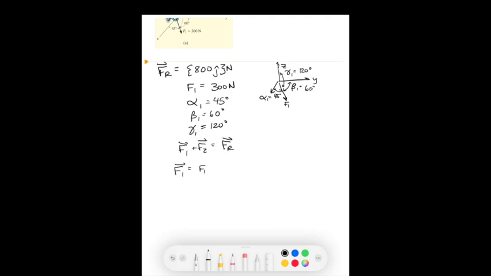And since we have alpha, we have beta, and we have gamma, we can plug that information in. We know that the magnitude of it is 300 newtons, we're told that, and we plug in our information.